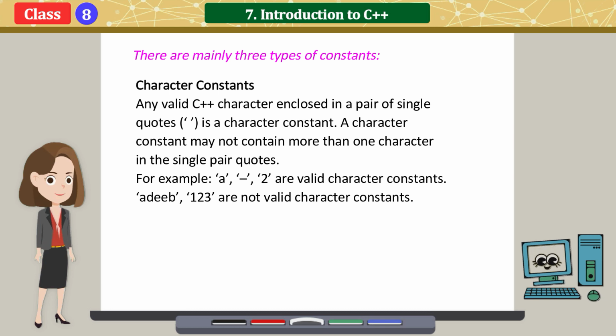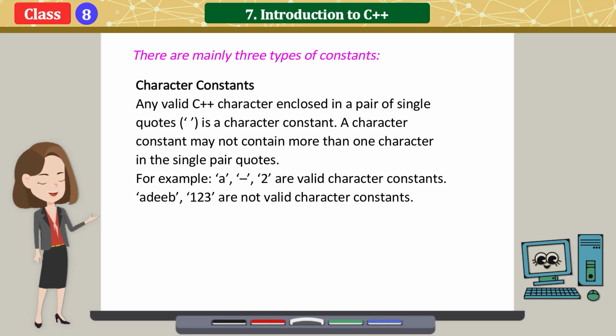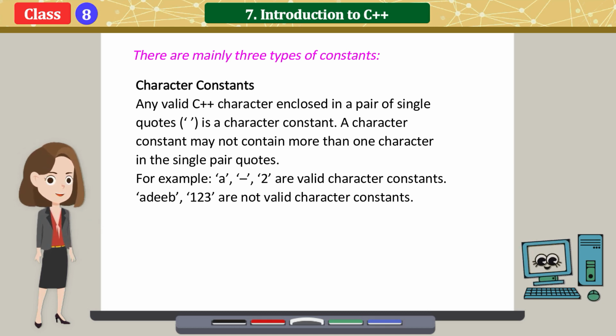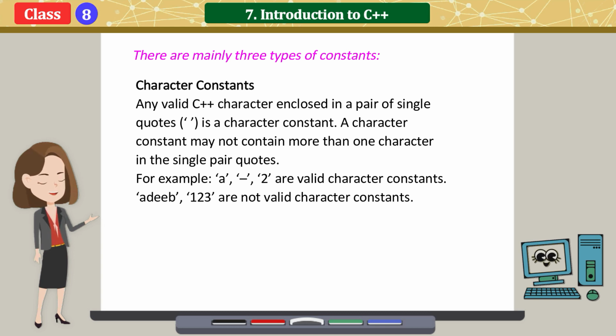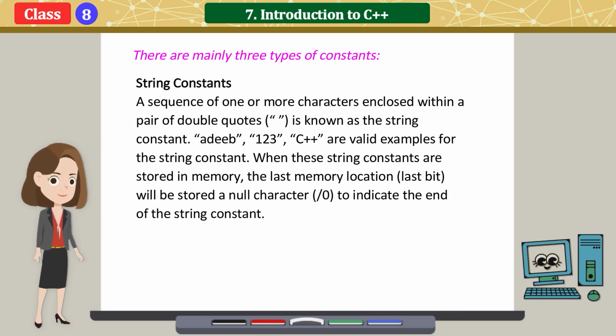Character constants. Any valid C++ character enclosed in a pair of single quotes is a character constant. A character constant may not contain more than one character in the single pair of quotes. For example, 'A' and '2' are valid character constants. 'Adib' and '123' are not valid character constants. String constants.